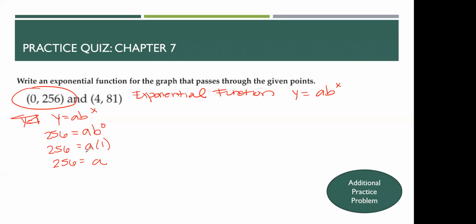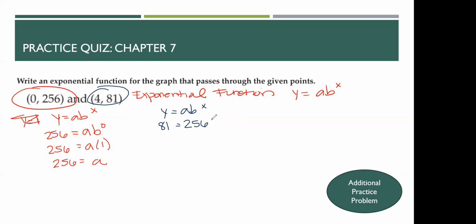So then I'm going to use a and the x and y value from the second point, and then solve for b. So again, I start with y equals a b to the power of x. Y in this case is 81. A, we just figured out, was 256.